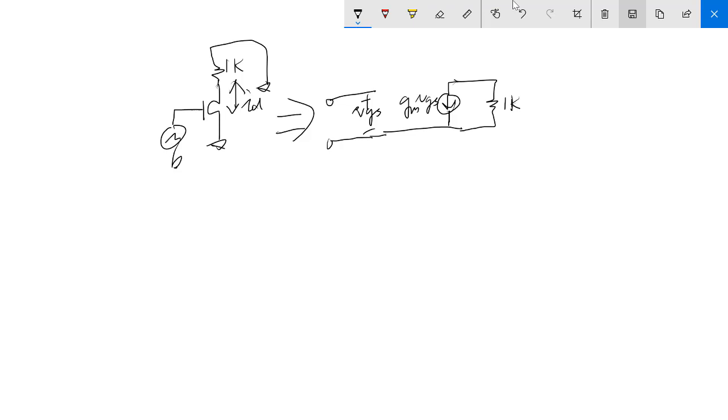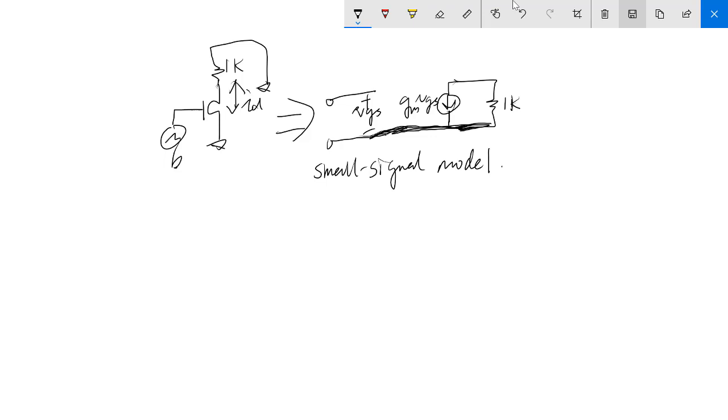We are wondering, so what is that? All right, so we are going to use this a lot. It's called the small signal model of the NMOS transistor. It's helping you to get the voltage gain out of this circuit.